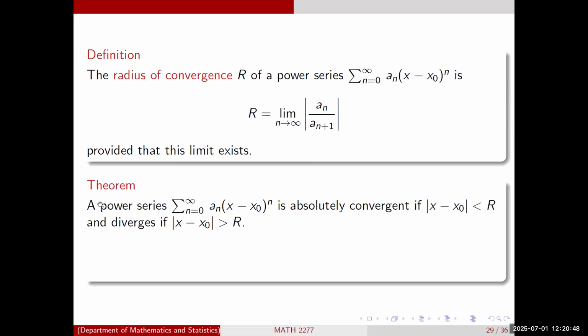Okay, so after you find this number R, this radius of convergence, the theorem tells us how the series converges. It says that a power series converges absolutely if you take an x value within a distance R of this center x0, and diverges outside.